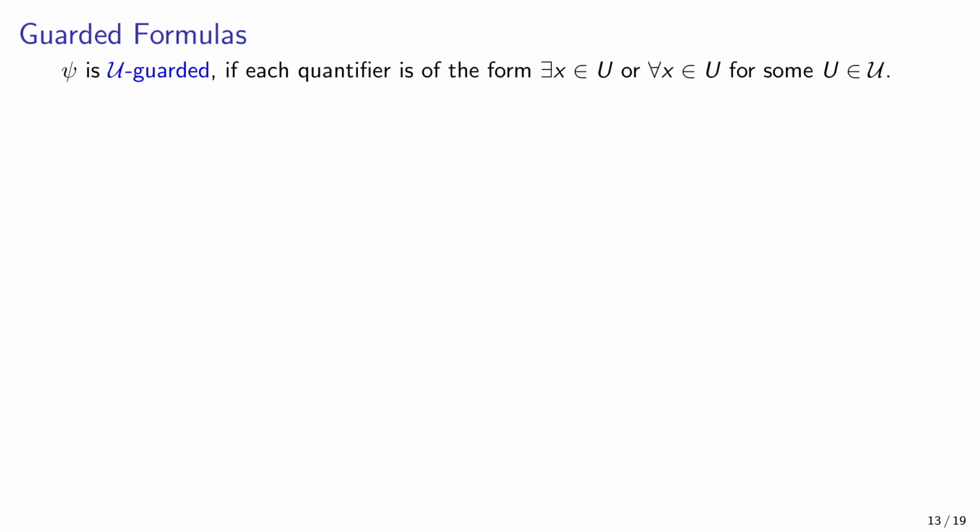In order to localize, we now look at guarded formulas, and we say a formula is guarded by a family of sets if each quantifier is either of the form there exists some x, and x must be an element of some of the guarding sets, or for every x inside the guarding set something holds.